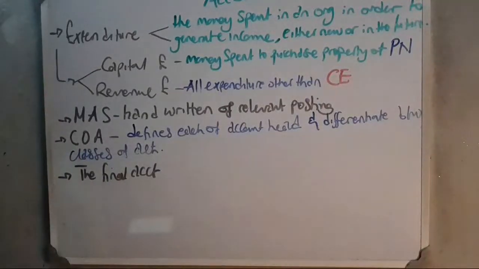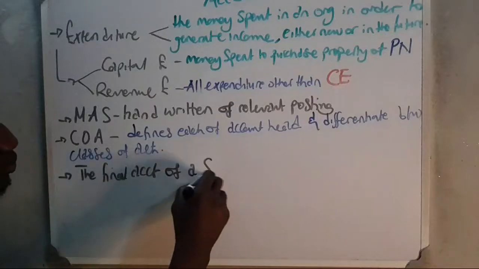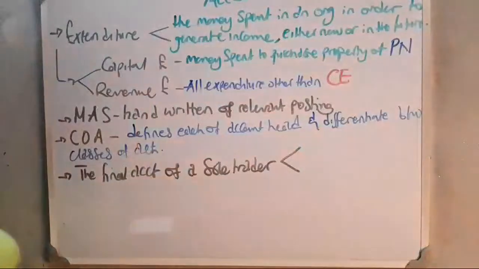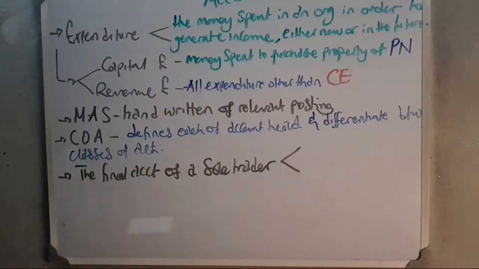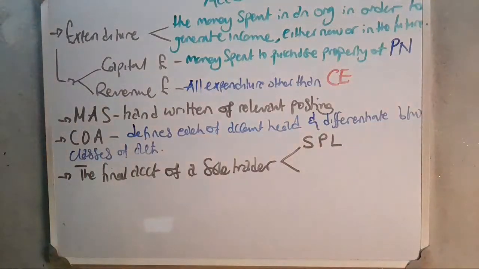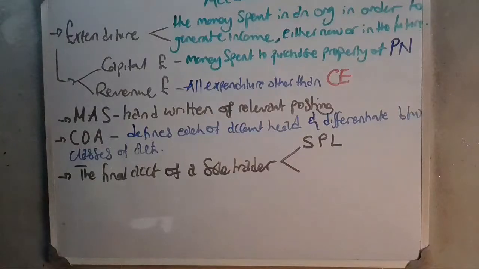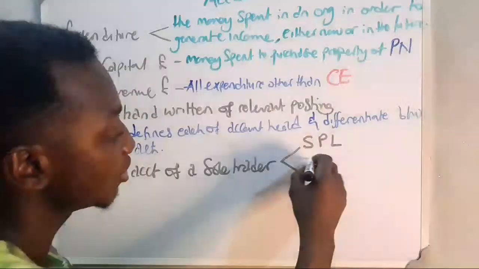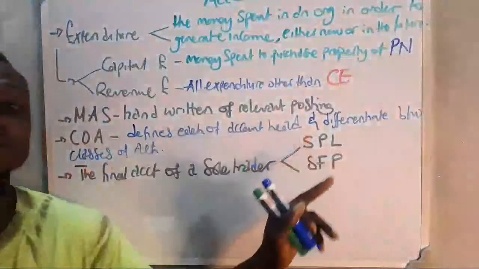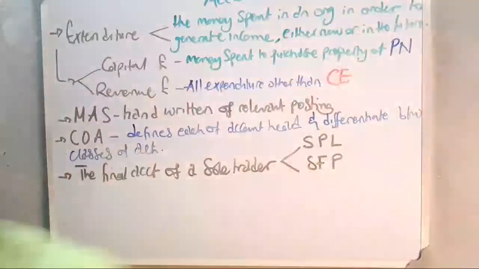So now we say the final account of a sole trader basically consists of statement of profit or loss and statement of financial position. So in the final account of a sole trader, you have statement of profit or loss and statement of financial position.